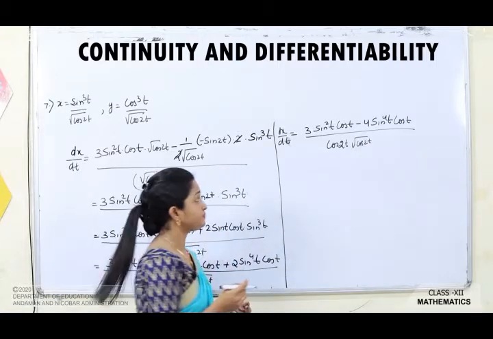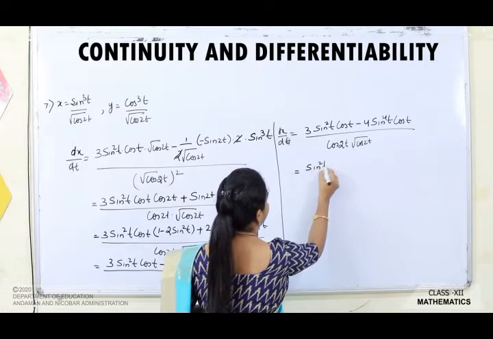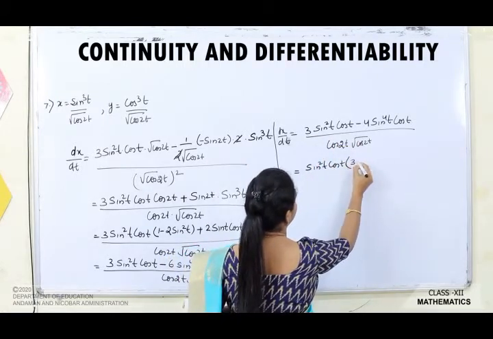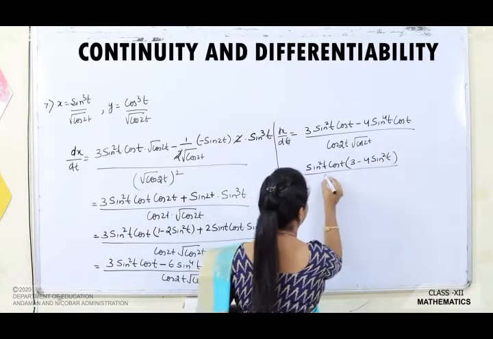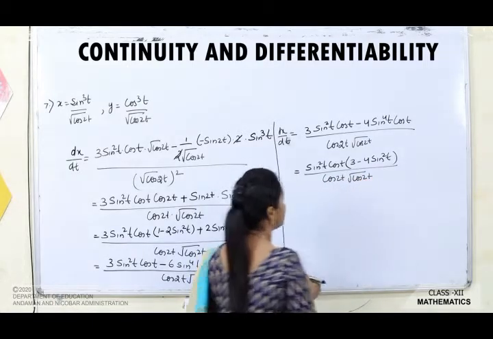Okay, clear? Now here also you can take common, sin square t cos t you can take common. So when you take common, you are going to get 3 minus 4 sin square t the whole divided by cos 2t into root cos 2t.